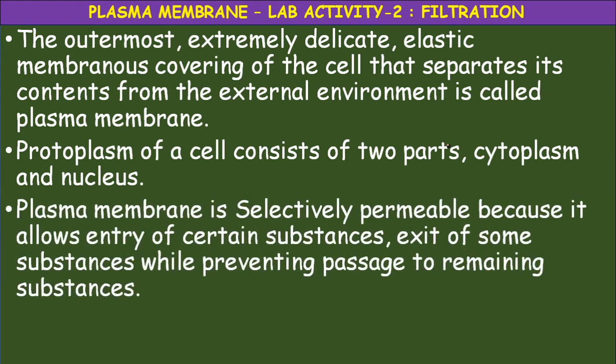So the plasma membrane is selectively permeable because it allows entry of certain substances, exit of some substances, while preventing passage of the remaining substances. Okay, see the concept here. The plasma membrane is selectively permeable.